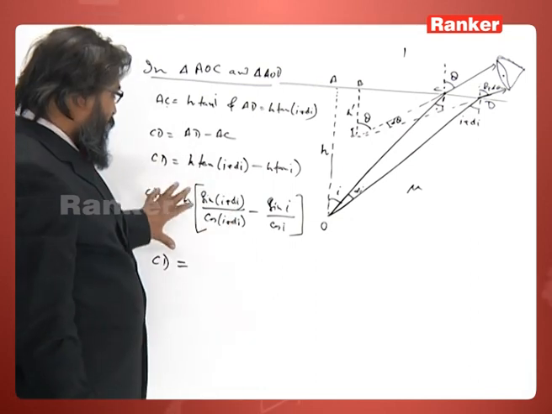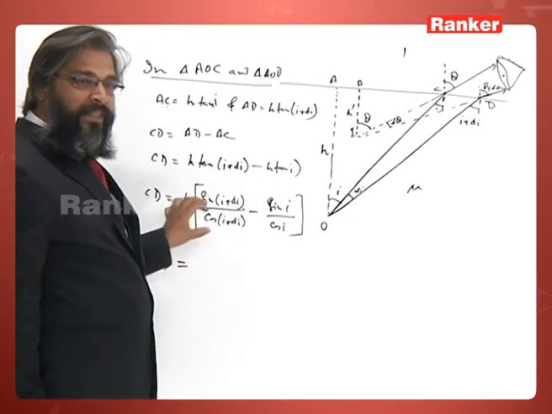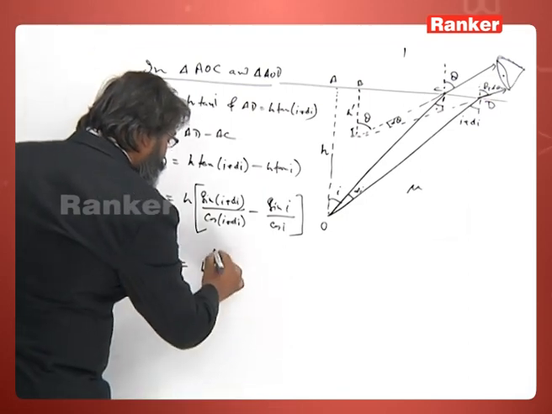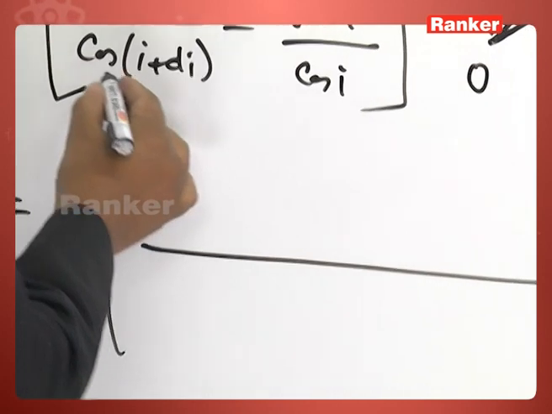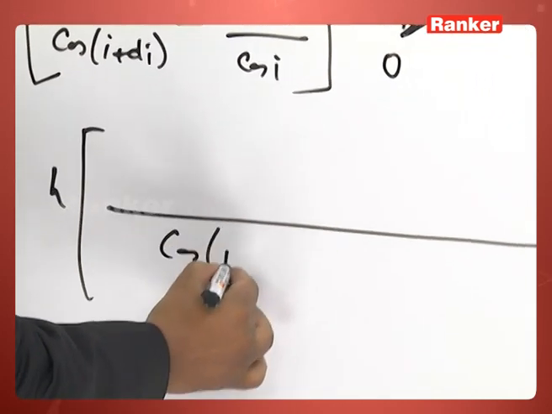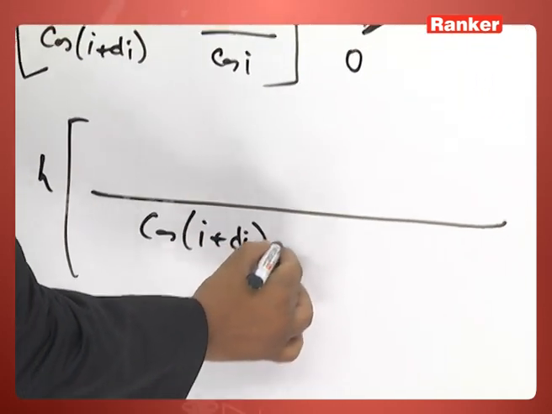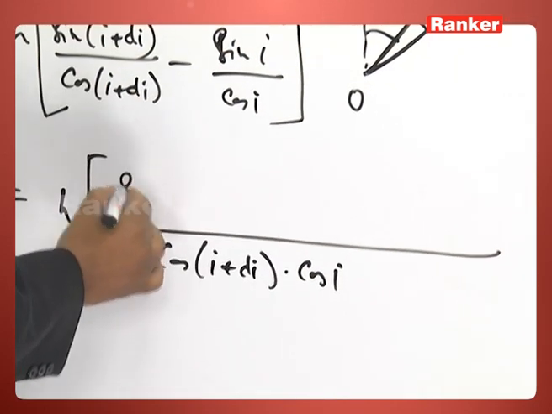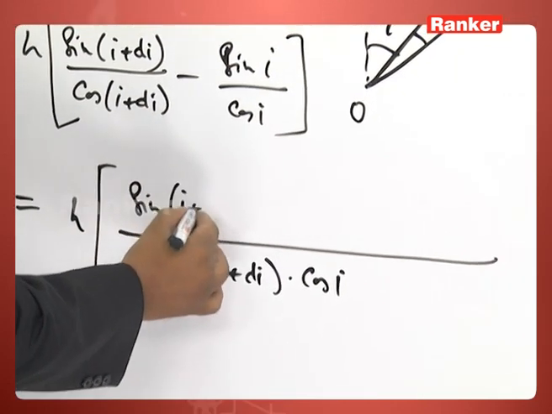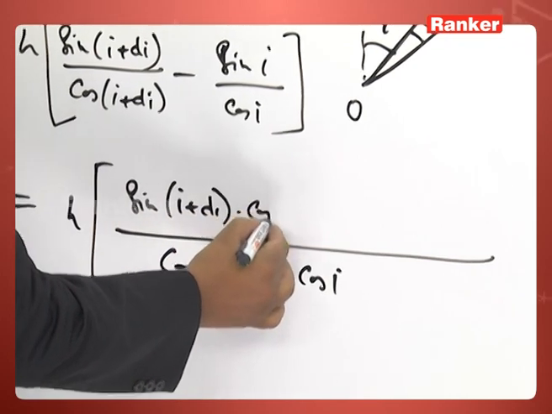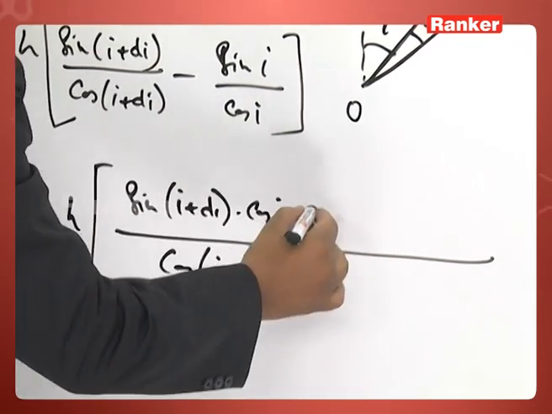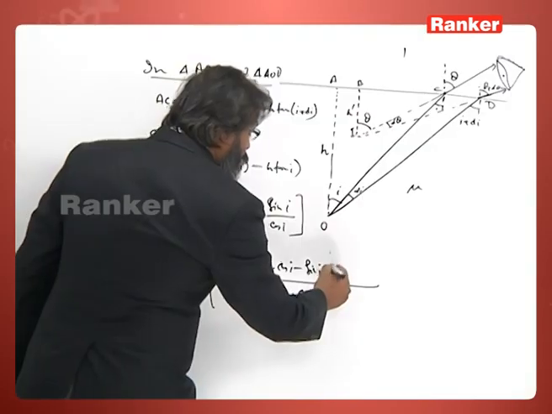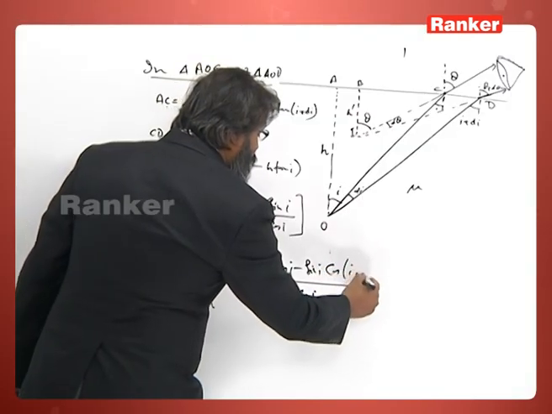This is a very important point. Now we are going to simplify this. H, this is cos(I plus DI) into cos I, by sin(I plus DI) cos I minus sin I into cos(I plus DI).